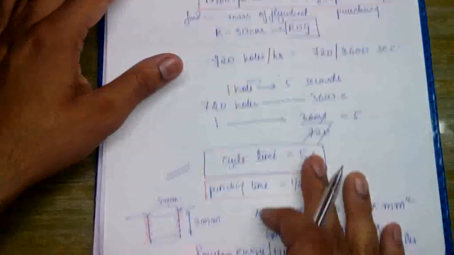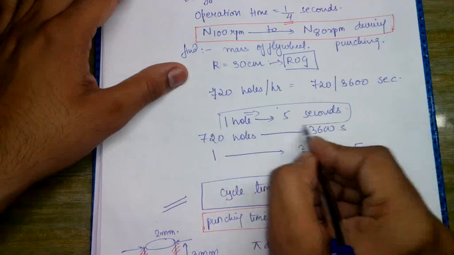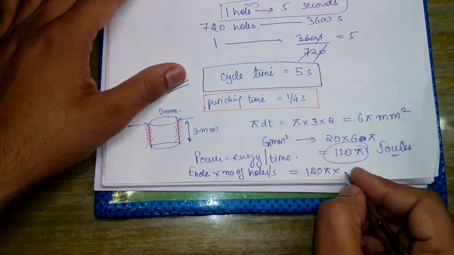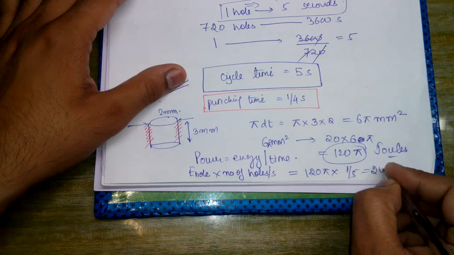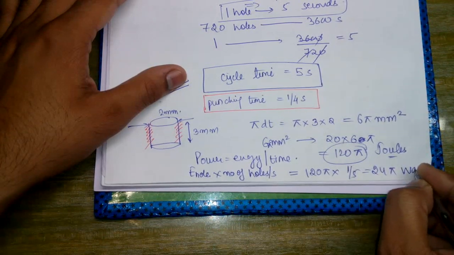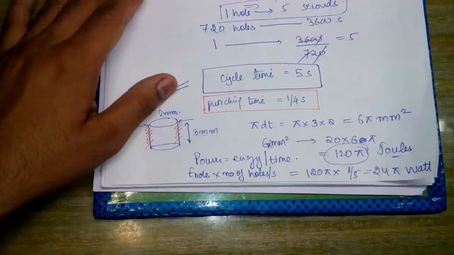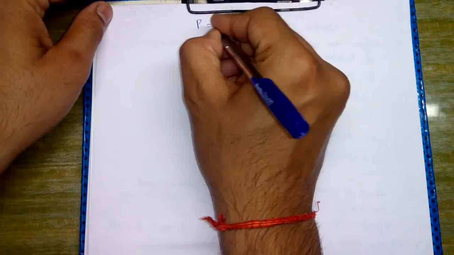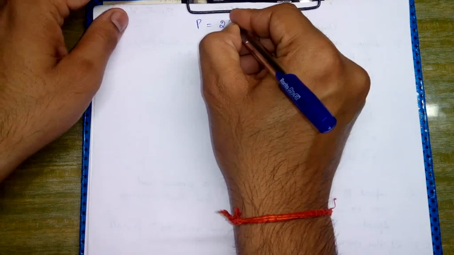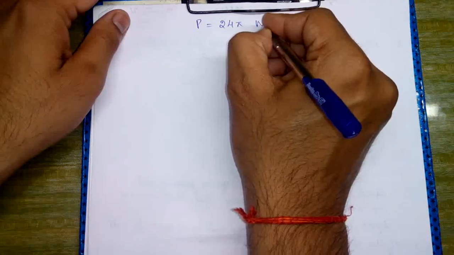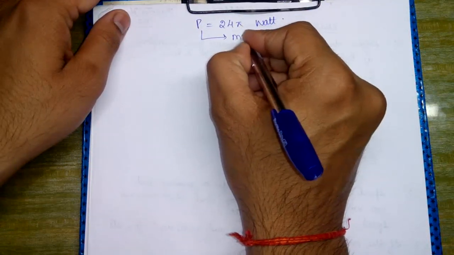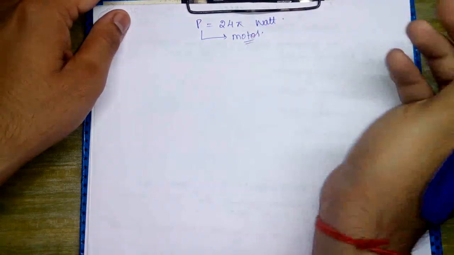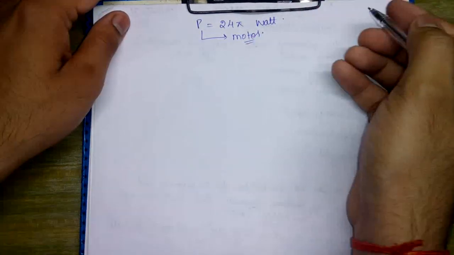How many holes per second were there? 1 upon 5. So this comes out to be 24 pi watt, and this power which has been calculated is the power of the motor.